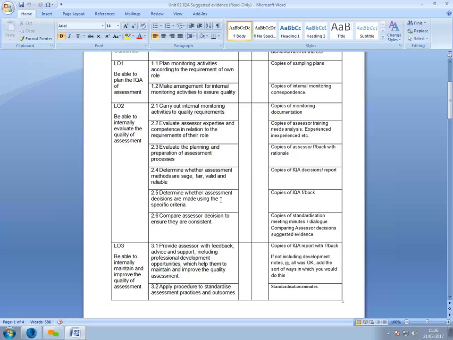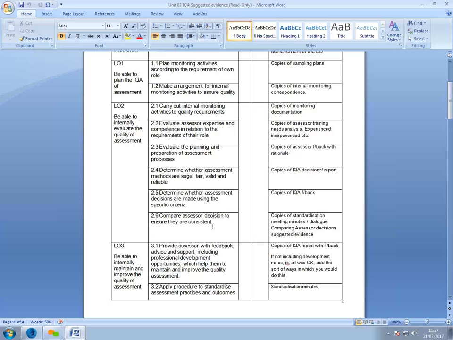It was the command verb, that's the word we're looking for. The command verb's specific, and if it's not followed those command verbs, then obviously it's not meeting the specific criteria, and that will be in the feedback to the assessor on that process. It may be that the assessor picked that up and dealt with it, the IQA can then support that and say, yeah, I agree, it's not been done or it's not meeting the standard.